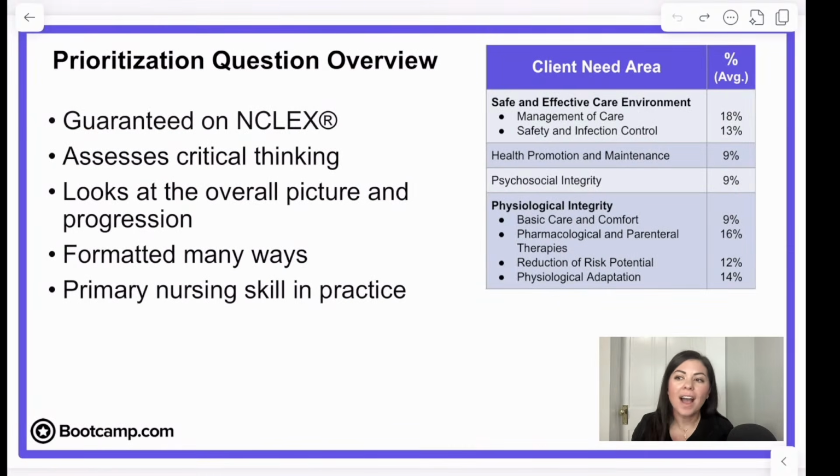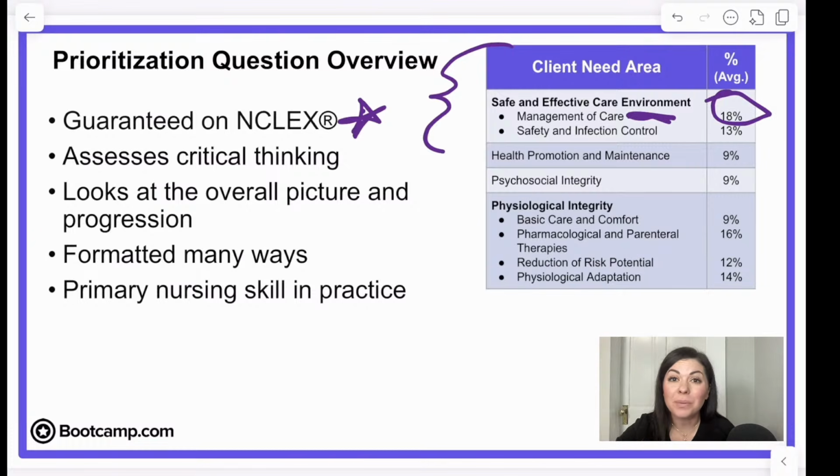Okay, so why are we talking about prioritization? Well, one of the most important reasons is I guarantee you will see prioritization items on NCLEX. The NCSBN that creates the NCLEX is very transparent about what's on the exam. When we look over here in this right-hand corner at the NCLEX test plan, we can see that management of care items count for almost 20% of the exam.